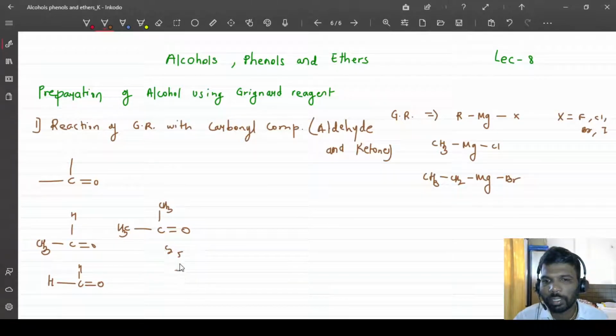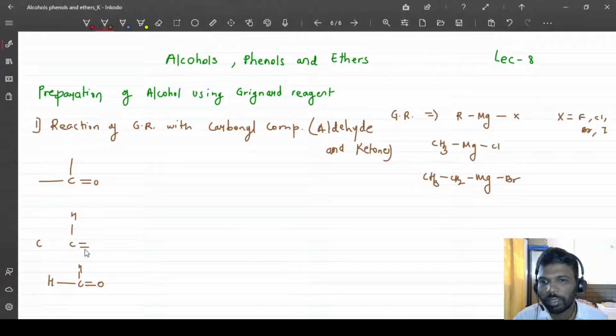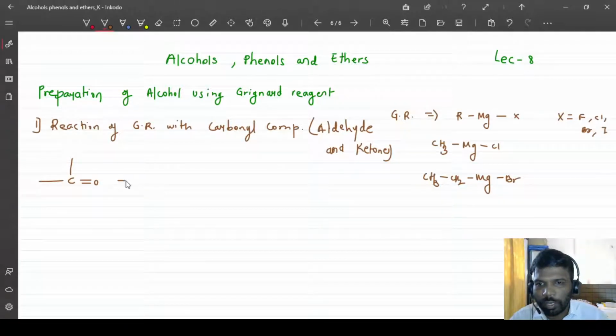In the whole reaction, these two groups are going to remain intact. These two bonds are going to remain intact, and the only change will happen at this double bond. So I am reacting this with a Grignard reagent RMgX.